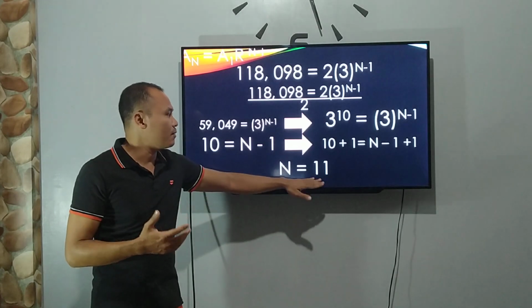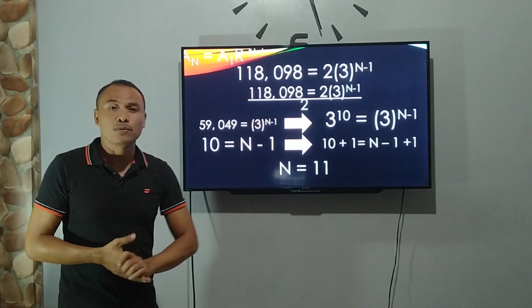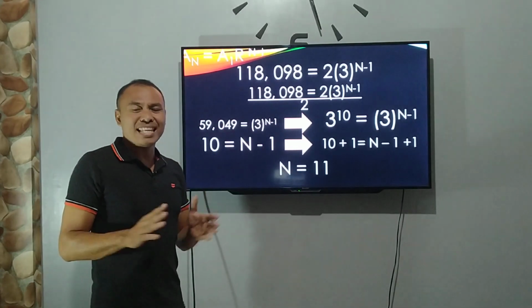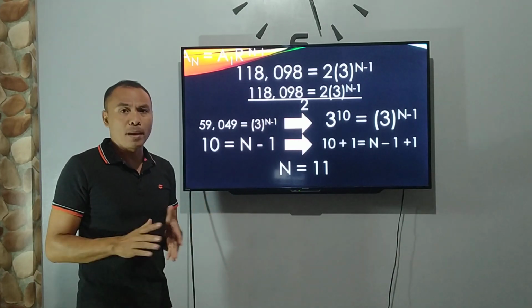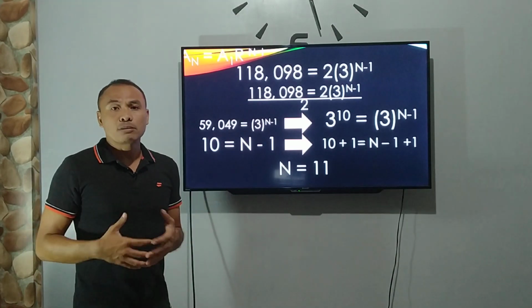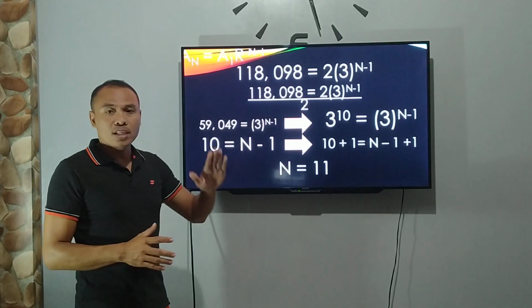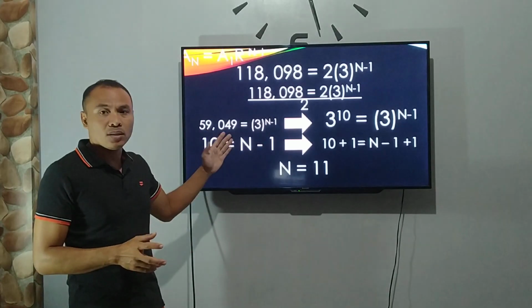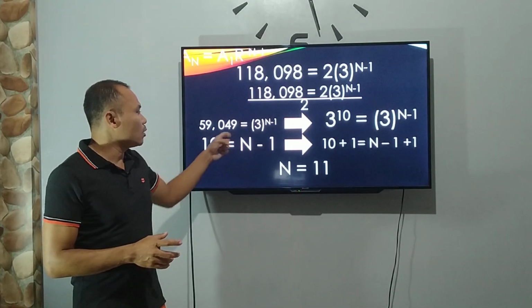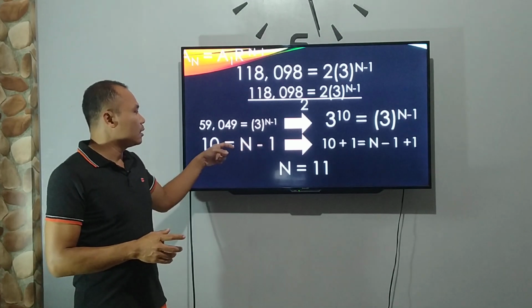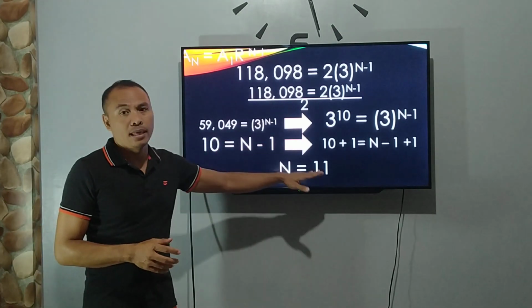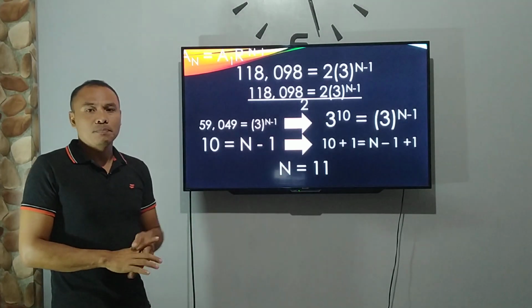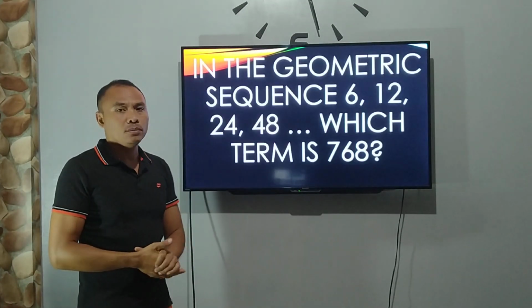The number of terms is 11. Another way is transposition. You cannot read this in any mathematics book, but it is also taught to make it easier. When we say transposition, the negative, when moved across the equality sign, will become positive or plus. So 10 plus 1 is 11. That simple.